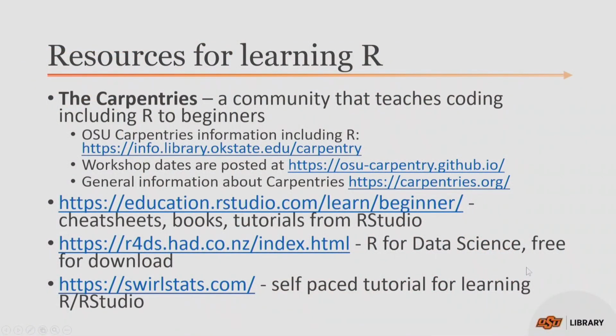The information will be available on the osucarpentry.github.io page when it's up there. It's not there yet. And we have a page here with just general information about OSU carpentries. If you want to learn more about carpentries, it's at their web page. And then I can't emphasize enough how valuable RStudio is.